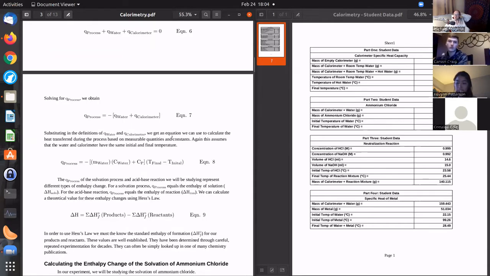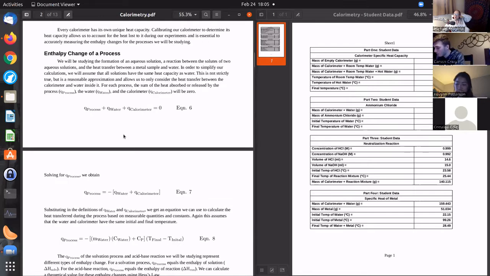So then I start to go into this little derivation here for something I'm calling Q process, right? And I'm being a little ambiguous about what this heat is, because what we're doing here, they're not always reactions, right? We're doing some reactions, but like say part 4 where we add the metal in there, that's not a reaction, but they're all some kind of process, all right?